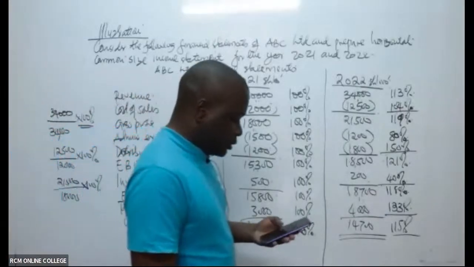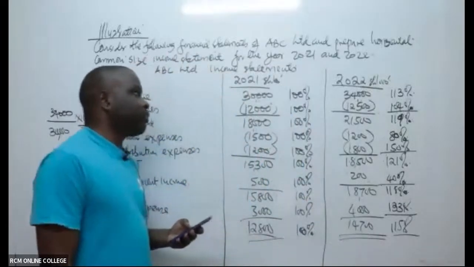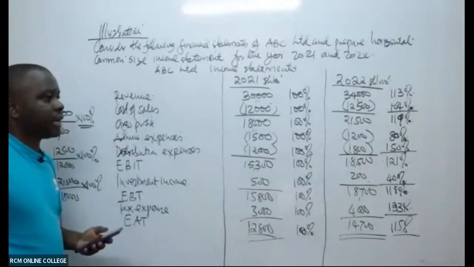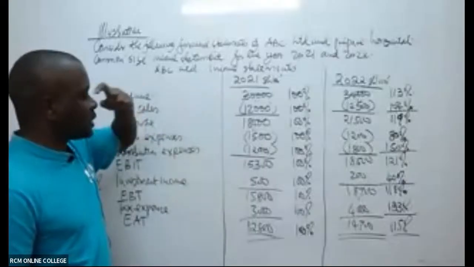So that is horizontal analysis, which is a bit different from vertical analysis. In vertical analysis, you use revenue in the income statement as the base.